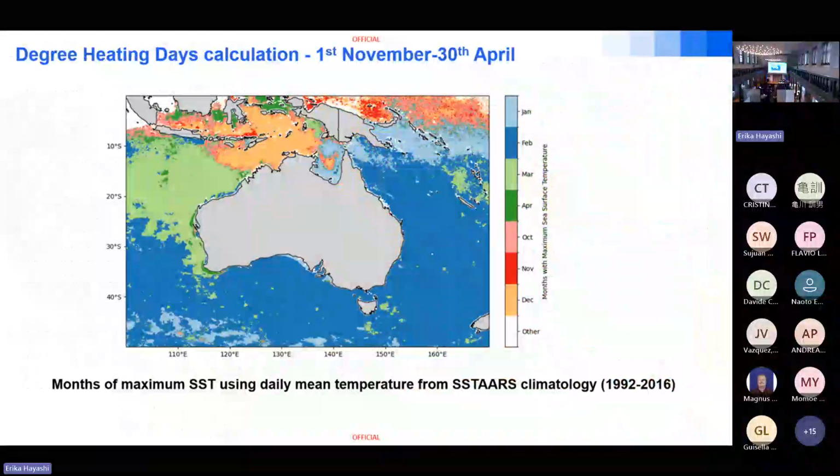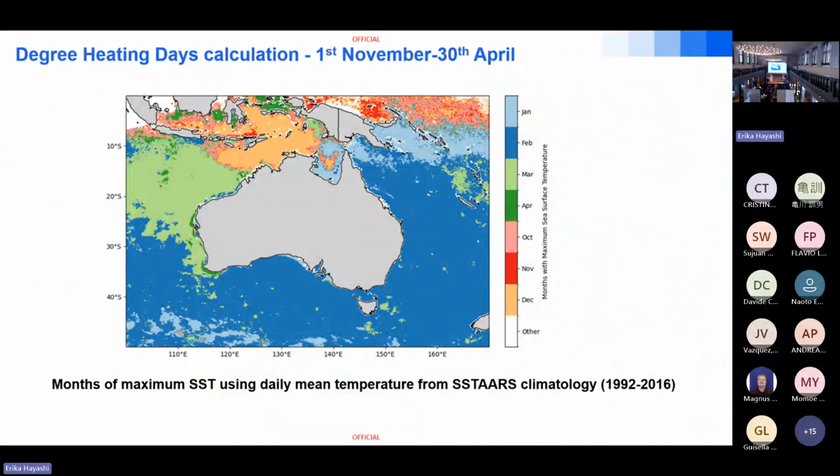Now, how to decide what period to accumulate those positive anomalies for calculation of degree heating days. So these colors are showing months of maximum SST using daily mean temperature from STARS climatology.